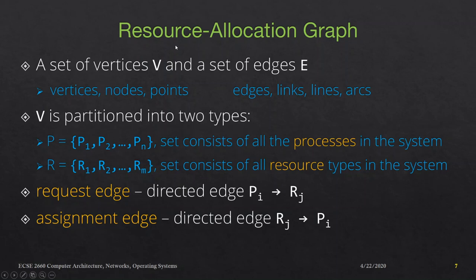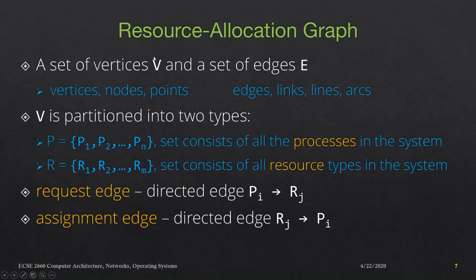Now let's start talking about resource allocation graph, or RAGs. These are going to be graphs that are very easily read, and they give us a graphical interpretation of the state of the system so that we can comment about whether there is a deadlock that may happen or no deadlock that can happen. So in this RAG, resource allocation graph, we are going to consider vertices and edges.